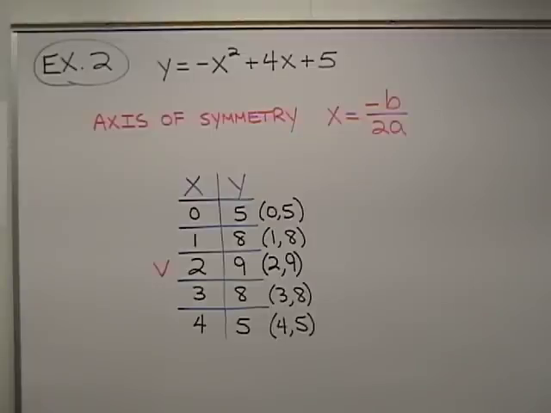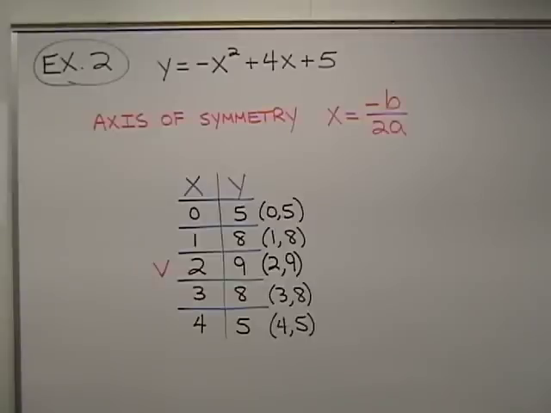Well, I have carefully substituted in my additional 4 x values, and I found the additional 4 y-coordinates that go with my new x-coordinates. So I have the 4 additional points that I have to graph to get my parabola. I've got (0, 5), (1, 8), (3, 8), and (4, 5).